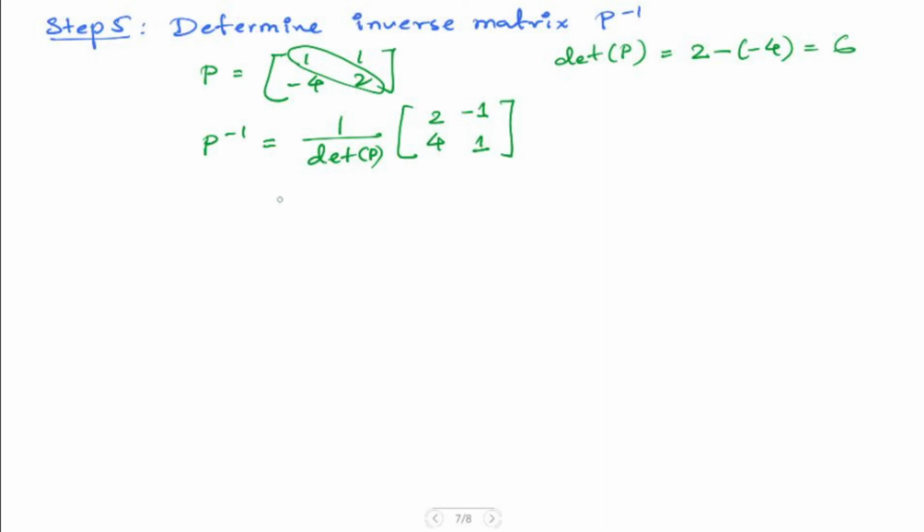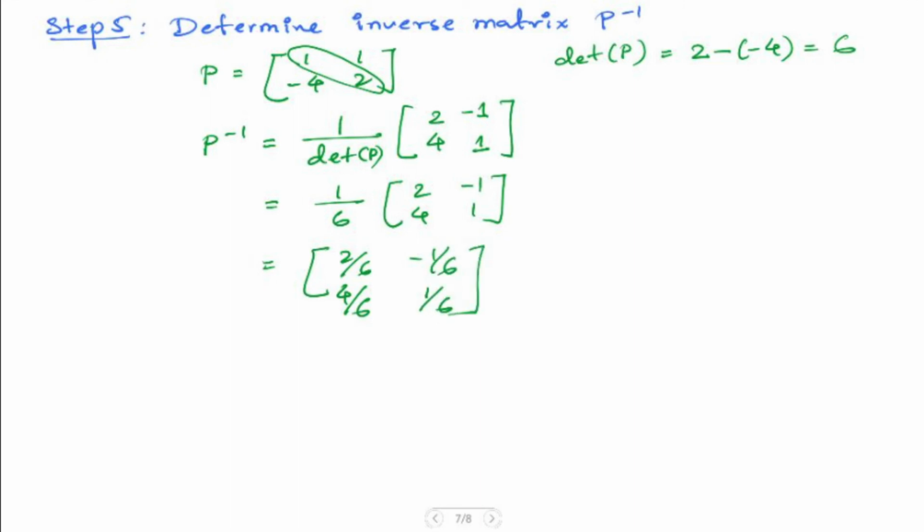So in that case, we would have 1 over 6 times 2, minus 1, 4, 1. And that is equal to 2 divided by 6, 4 divided by 6, minus 1 divided by 6, and 1 divided by 6. Okay, so that's our P inverse.